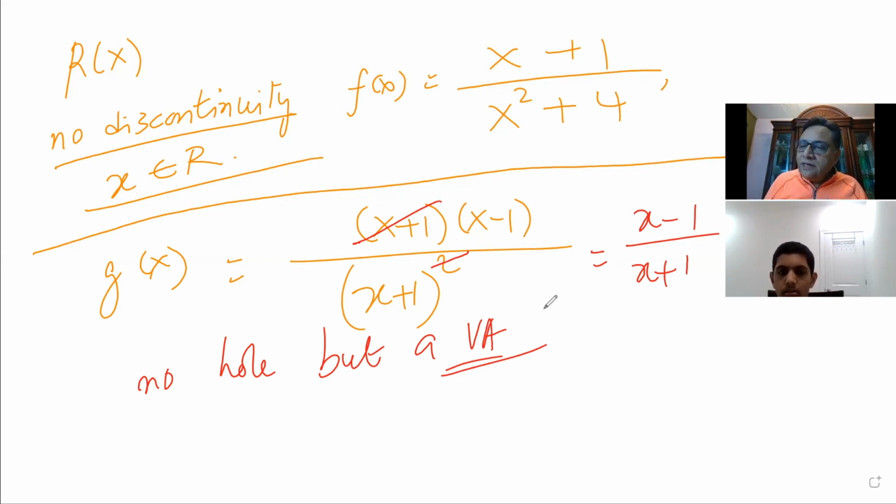We normally think that if there is a common factor between numerator and denominator for a rational function, then at that point we will have a hole, which is not absolutely correct. It is sometimes true, because if we have another factor of the same kind in the denominator, that will lead to a vertical asymptote, correct? And the difference between a hole and a vertical asymptote practically is that a hole approaches a value.